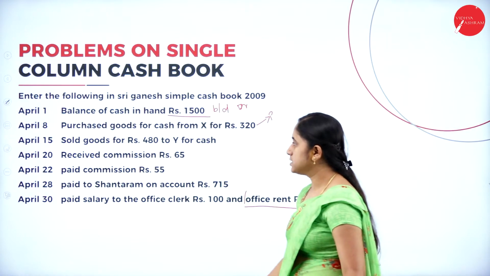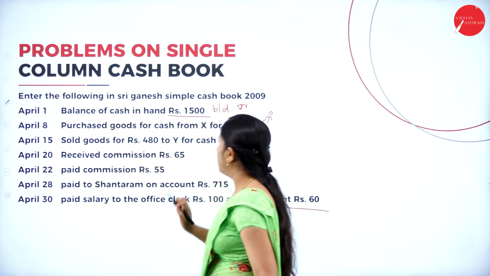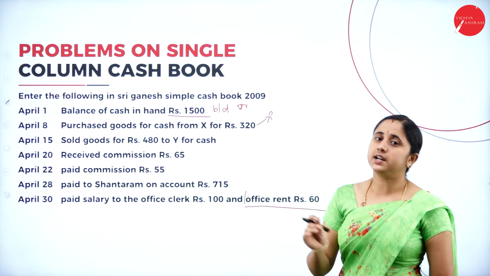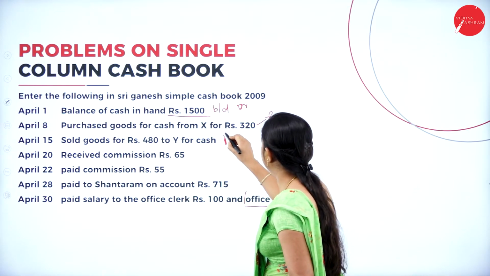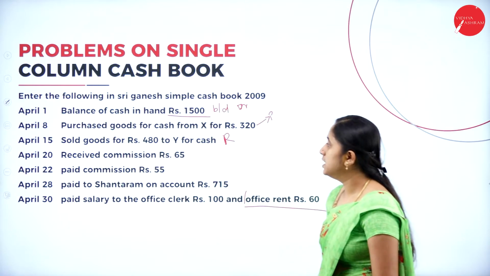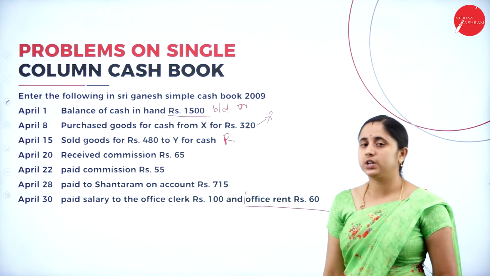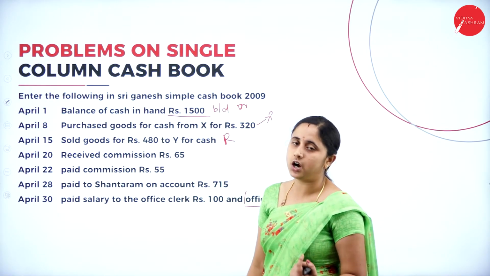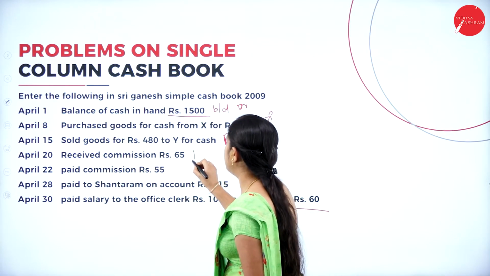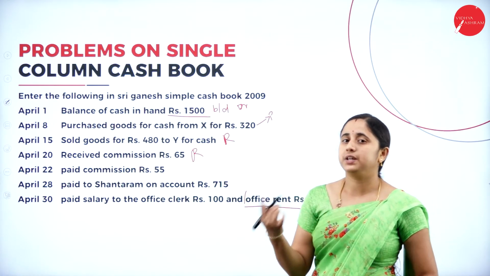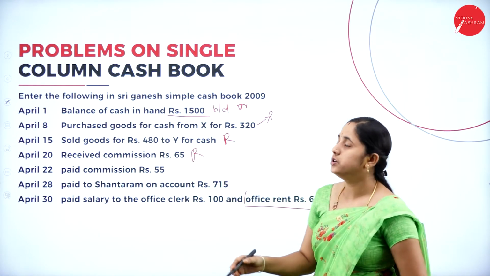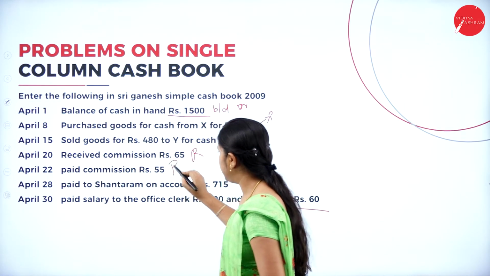Next, sales. Sold goods to Y. Sales is a receipt. That means cash is coming in. So, this is the receipt. Received commission is coming in. You are going to receive the commission. So, this is receipt. And paid commission. You are going to pay the commission. Cash is going out. So, this is the payment.